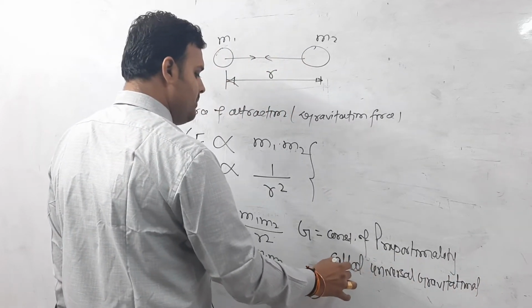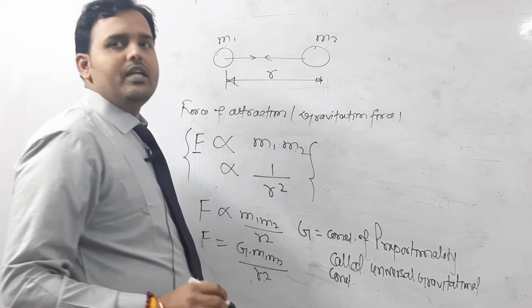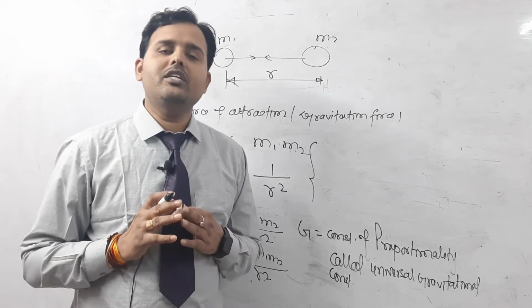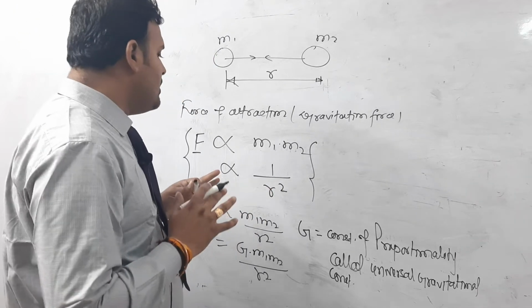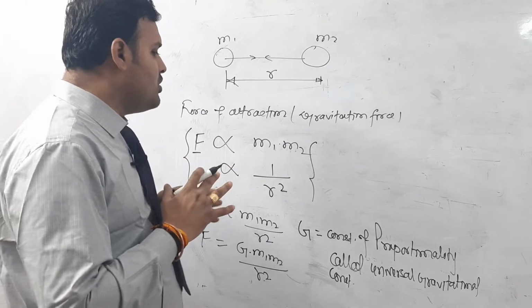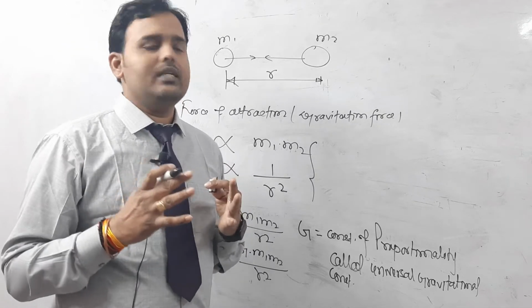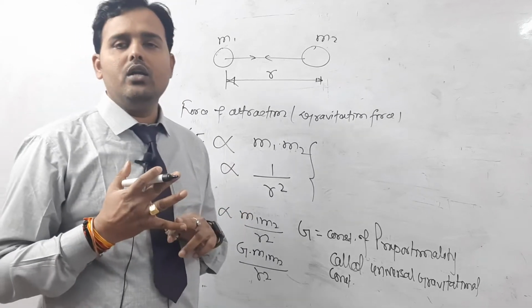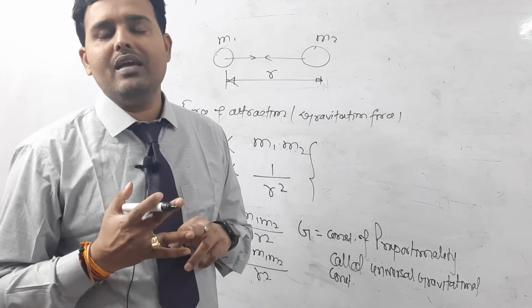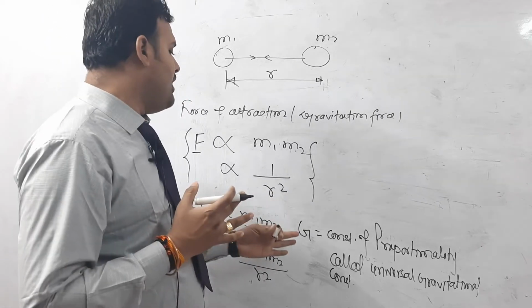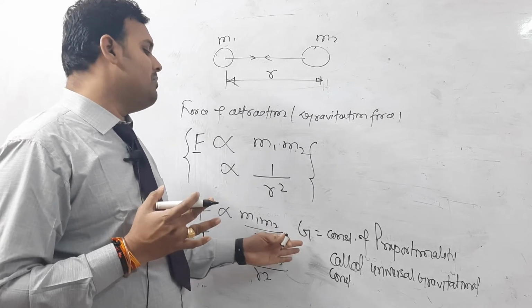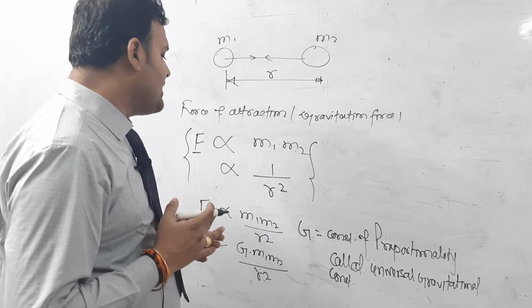Now this is very important, dear student. This universal gravitational constant is universally constant. So wherever, on the sun, on the moon, on Mars, on the earth, everywhere this value is constant, and this G is basically the universal gravitational constant.